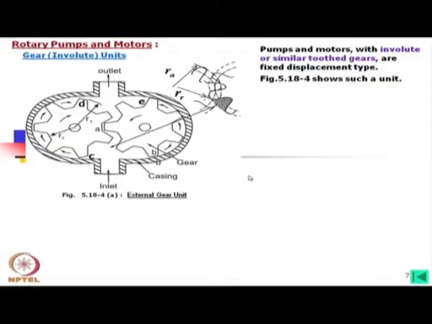Otherwise, there will be undercutting and interference, which is called gear interference. Now, for a gear pump, we can use corrected gears, and we can even go for 10 teeth or below.